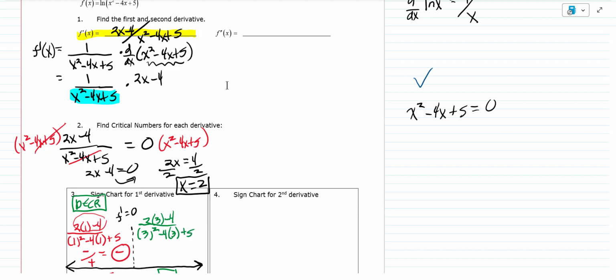I can see I'm getting a positive numerator, that's 6 minus 4. The denominator is 9 minus 12, which is negative 3, plus 5 is positive 2. So we get a positive.